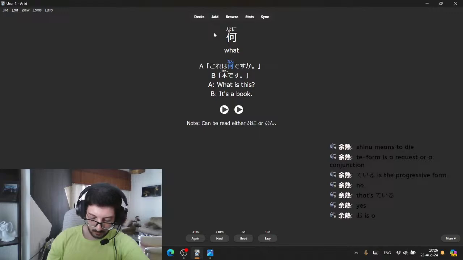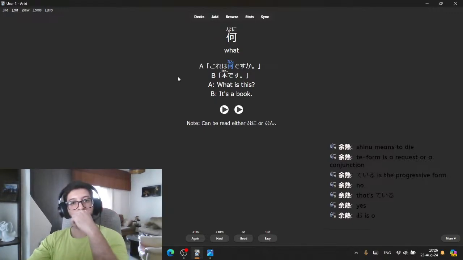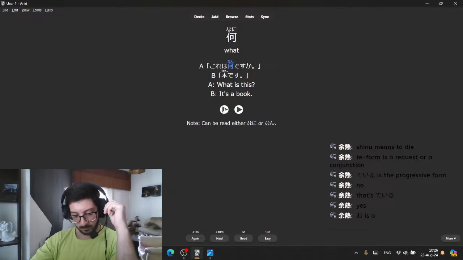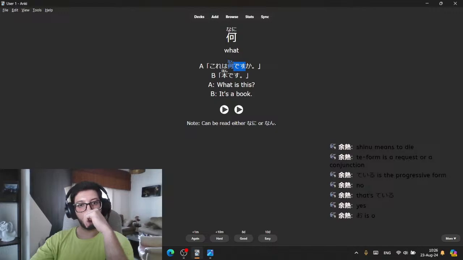Nani. これは this. What is this? ですか, when we put that ka in the end means it's a question.